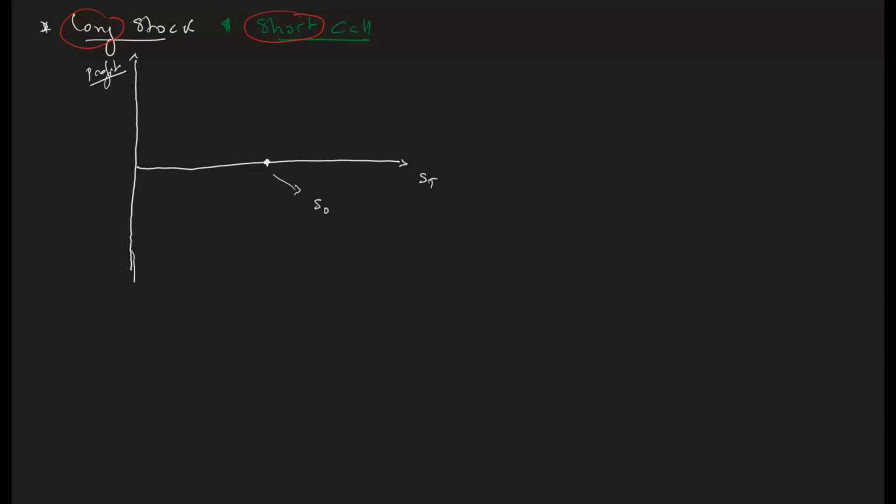Now, if I'm buying the stock at that price, and that's all I have for now, the outcome of this position would depend on the price of the stock. If the stock price increases, the outcome is going to be increasing. If the stock price decreases, the portfolio is going to be decreasing. So this is going to be our long position in the stock. So this will be our long stock.